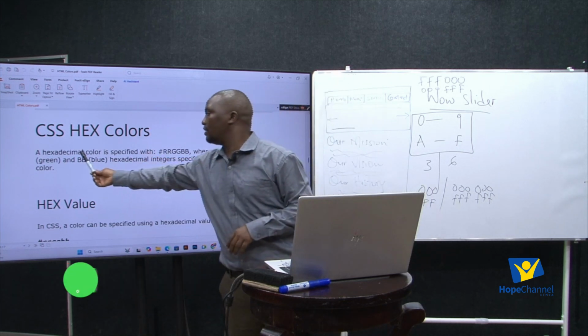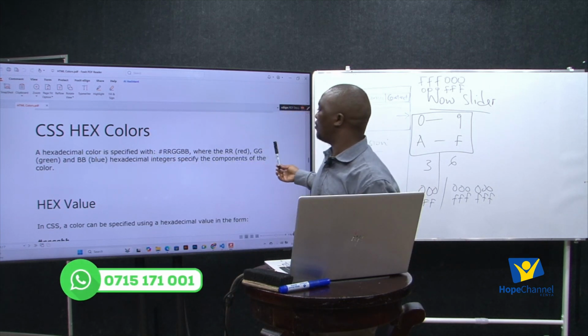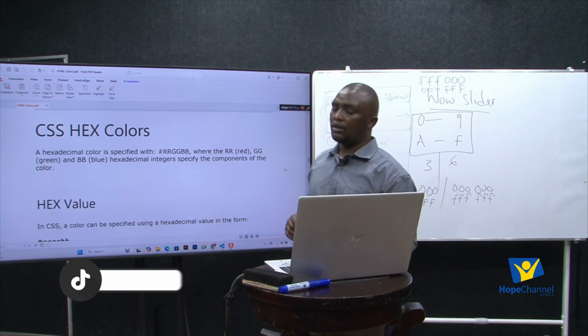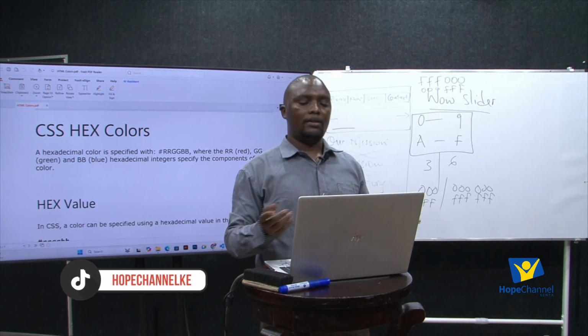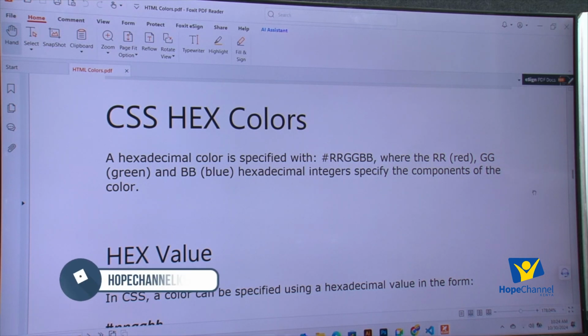Hex colors define the hexadecimal color of a specific combination using 0 to 9 or A to F alphabetical numbers.